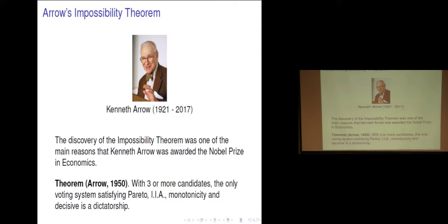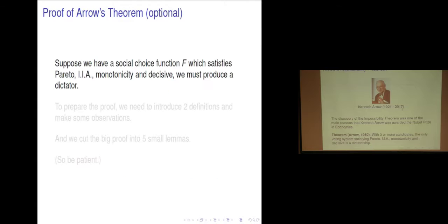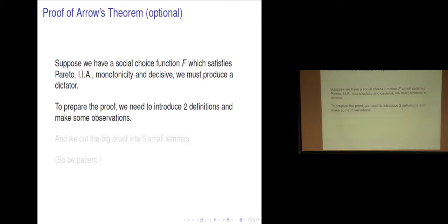So Arrow's theorem says that if the social choice function satisfies 1, 2, 3, 4, it must be a dictatorship. We are going to show you this is true. So give me an f which satisfies 1, 2, 3, 4, and I want to convince you that there is a dictator, so only his vote matters. Okay? So this is the plan. So it's hard, right?